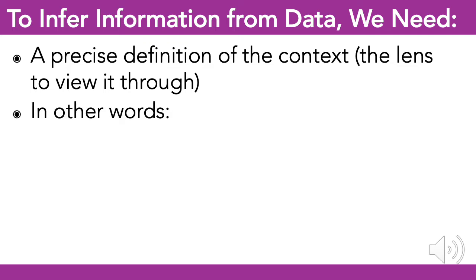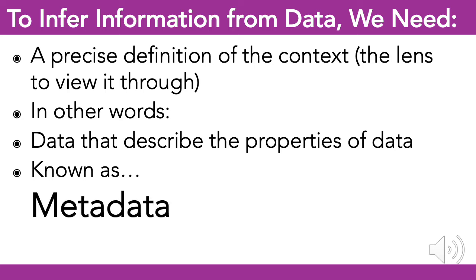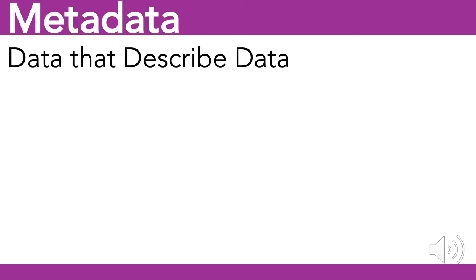So in other words, we need data that describe the properties of data to infer information from that data. And some of you may know this, some of you may not, but data that describe the properties of data is something that we popularly call metadata.